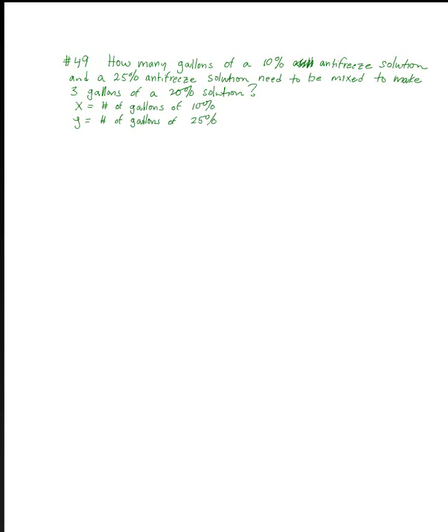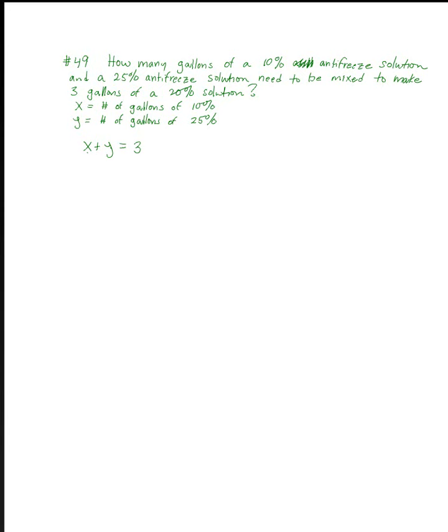Okay, now, again, I told you that in these problems, you're almost always going to have that X plus Y equals something. Well, what are we doing? When we get all done, we're going to have some gallons and some gallons, and we want a total of 3 gallons. So X gallons plus Y gallons should equal 3 gallons.